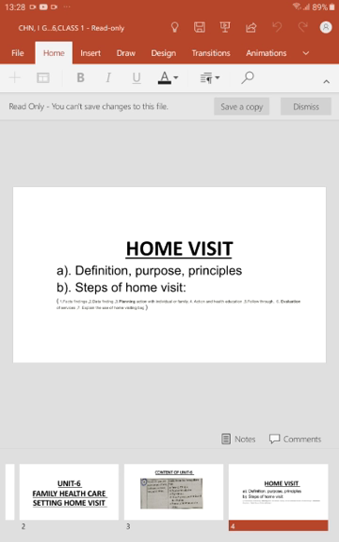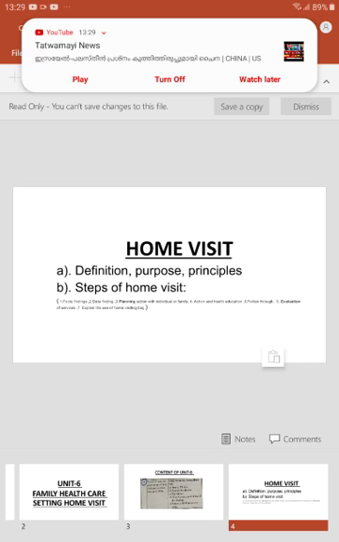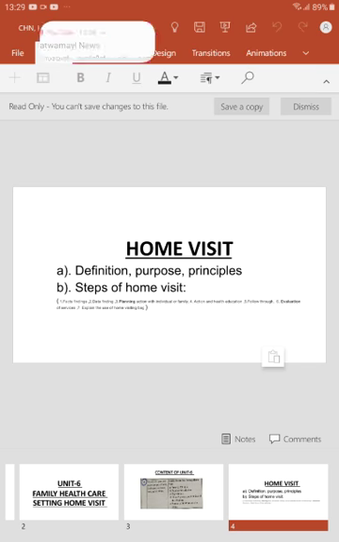As a community health nurse, we visit each house and collect all the health history about their health situation and environmental situation. As per the data, we can give appropriate healthcare services to those people.